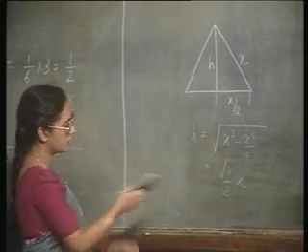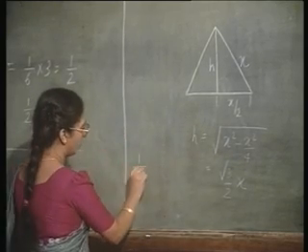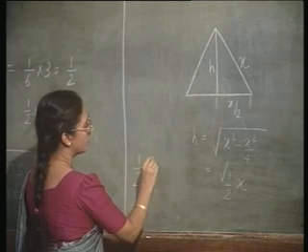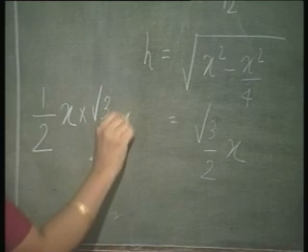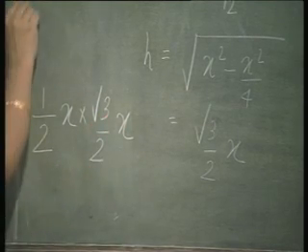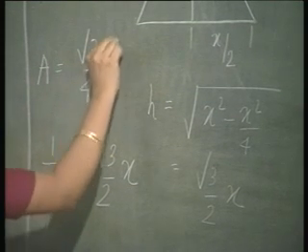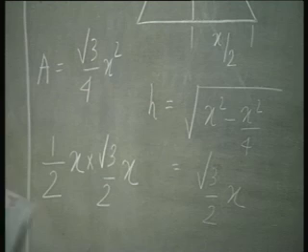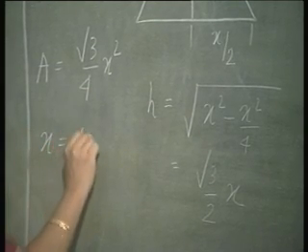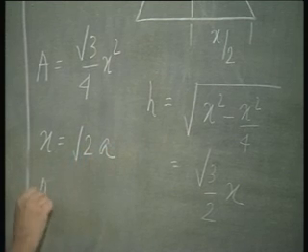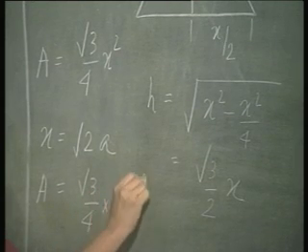I think I will just redo this once again, maybe this step should be worked out. So, I have half base is actually my x into root 3 by 2 x. So, I have root 3 by 4, area is actually root 3 by 4 x square, and since my x is actually root 2 a, therefore, area is root 3 by 4 into 2 a square.